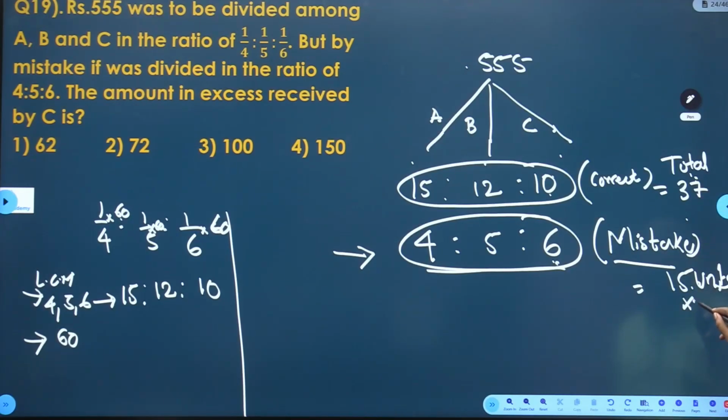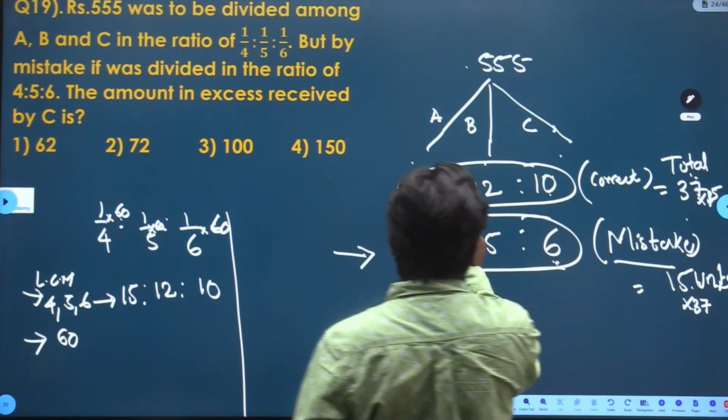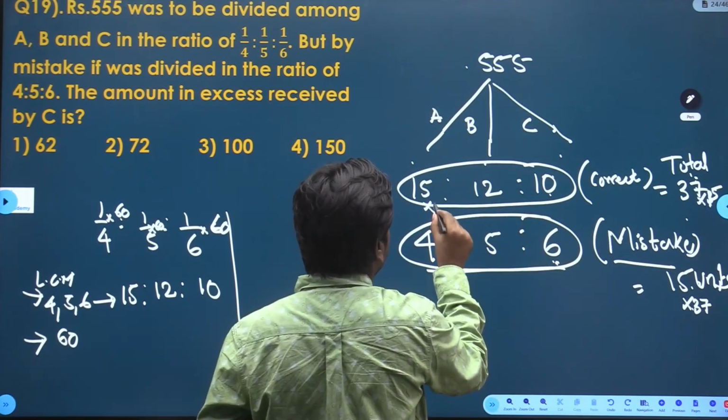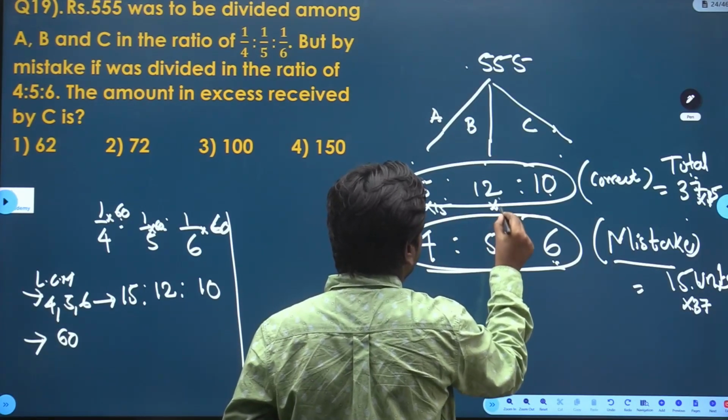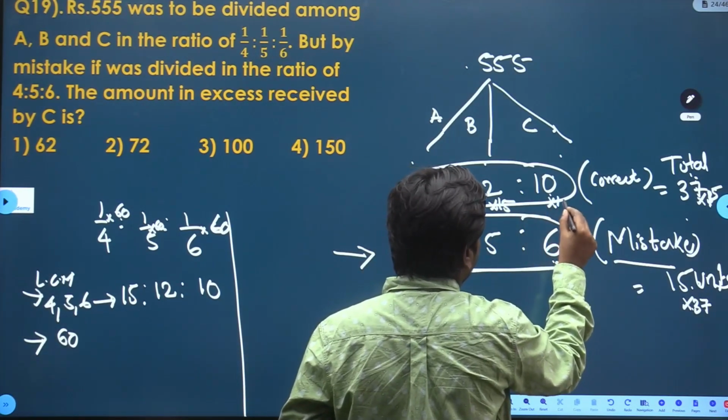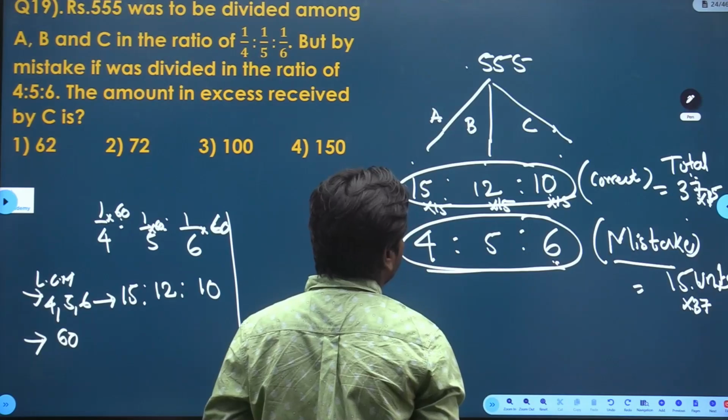So you here multiply this by 37 and you here multiply this by 15, to make these two total units equal. 37 is there, 15 is there. So what happens then? We have to multiply the entire ratio by 15, right?